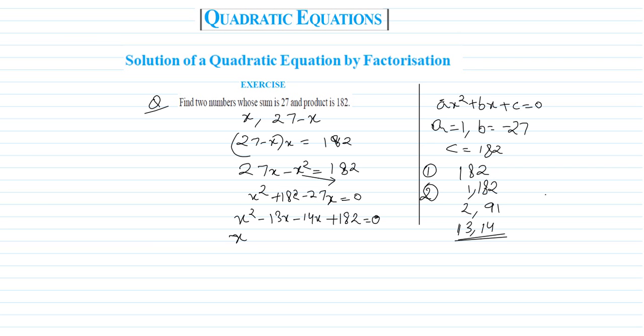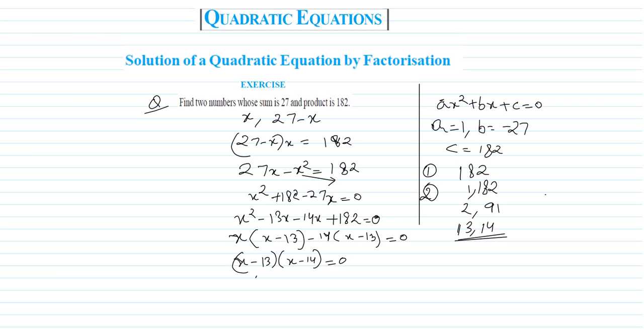So x is equal to 13 and 14. This is how we need to solve, and we can see the two numbers whose sum is 27: 13 plus 14 is 27, and their product will be 182.